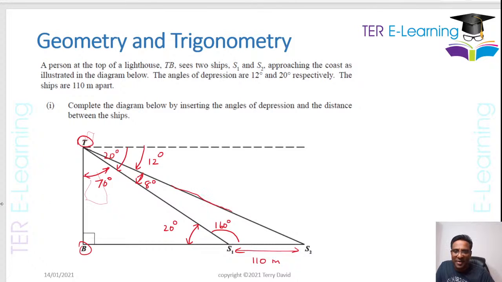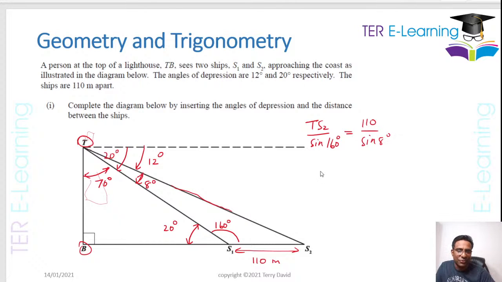So if I want to find that length TS2, right? What I can do, I can use the sine rule again to work this out here. So what I can say is that TS2 divided by sine 160 is equal to 110 divided by sine 8 degrees, right?